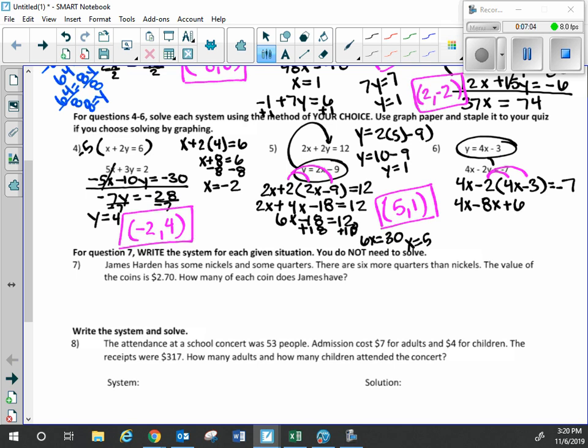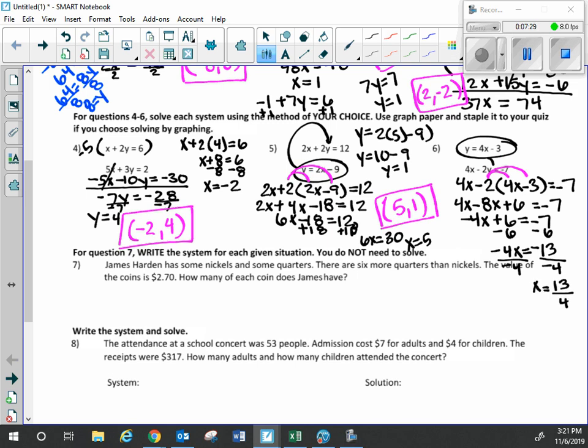And watch your signs. So then combine like terms. Subtract 6. Divide by negative 4. And you get x equals 13 fourths.